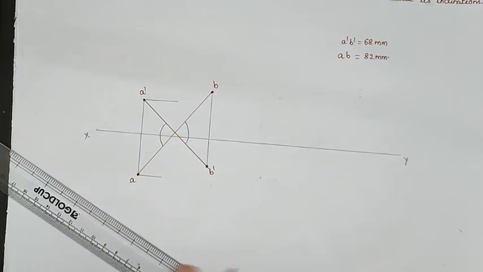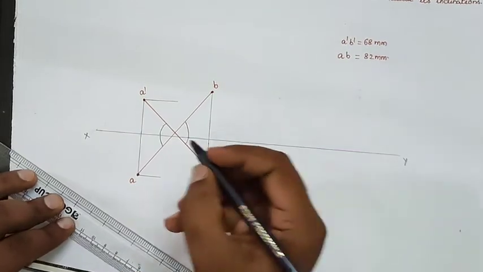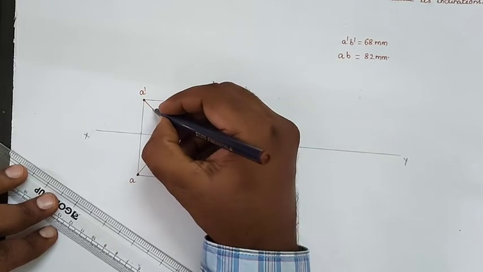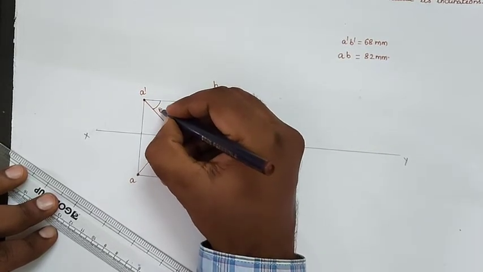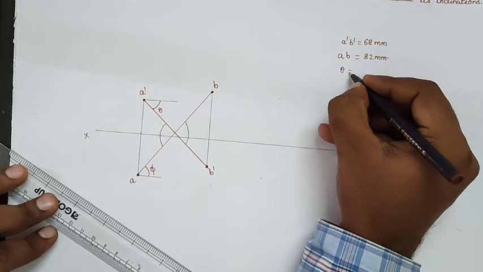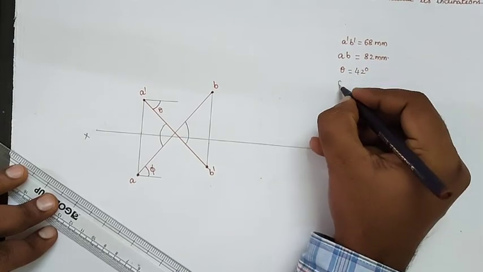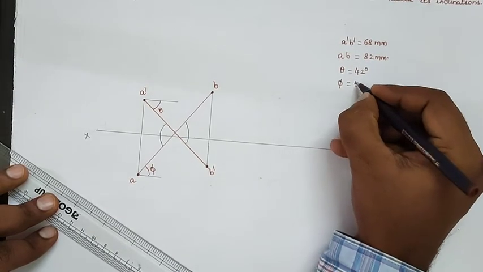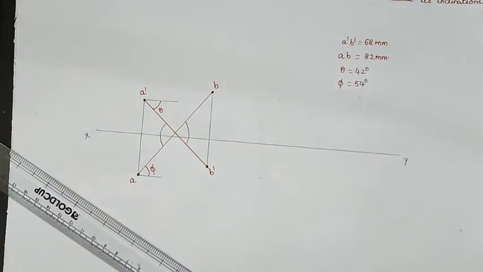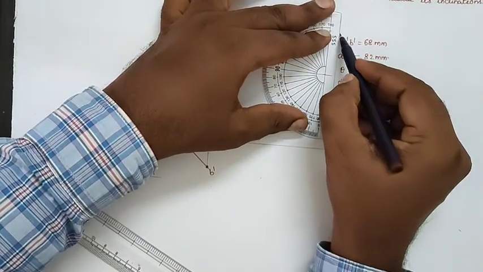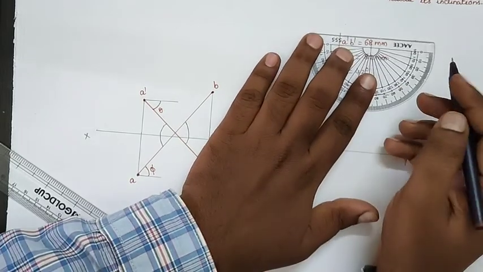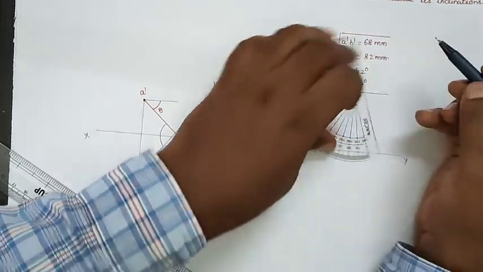The inclination with respect to the front view we can denote with theta, and this one we can denote with phi. So theta is 42 degrees and phi is 54 degrees. They are asking for these values, so you can represent them in a bracket, in a table.